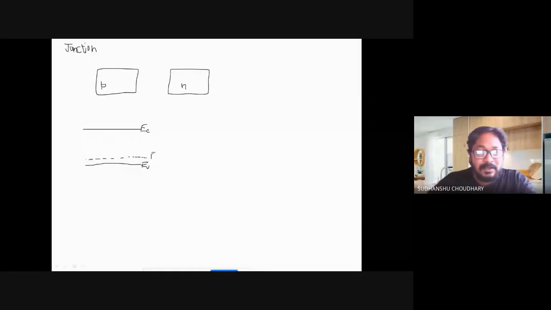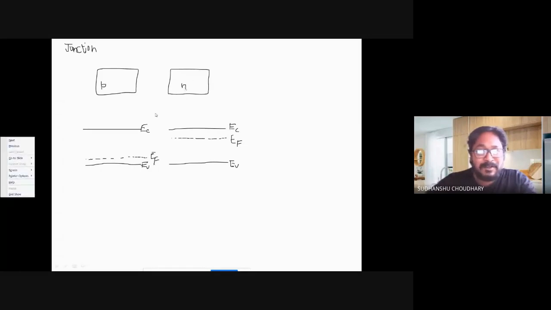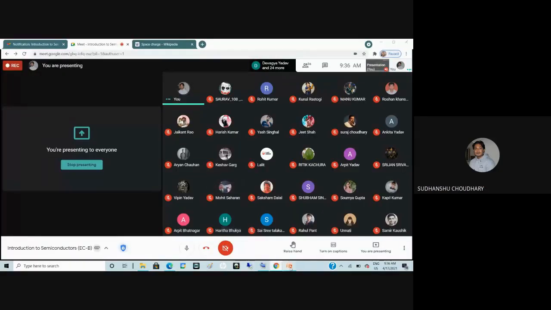That is how I can draw the energy band diagram of this p-type material. For the n-type, the Fermi level will be close to the conduction band. That is how we identify a p-type and n-type semiconductor, by looking at the position of the Fermi level. Right. So now, we have these two semiconductors and we want to make a junction, right?